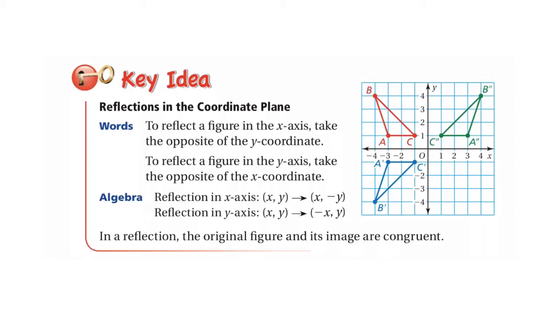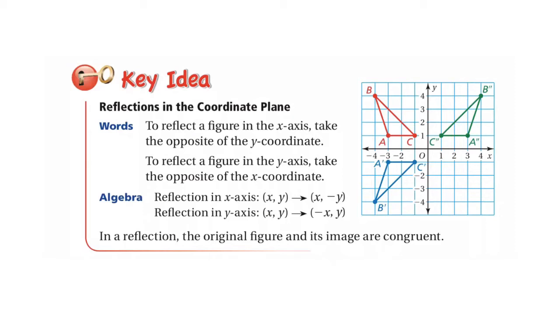That's like going from the red figure to the green, or from the green to the red. That's reflecting in the y-axis. In algebra, or just looking at it number-wise, in a reflection in the x-axis, the x-coordinate stays the same, and the y goes from y to negative y, meaning the opposite of y.